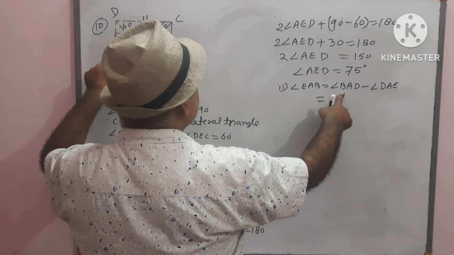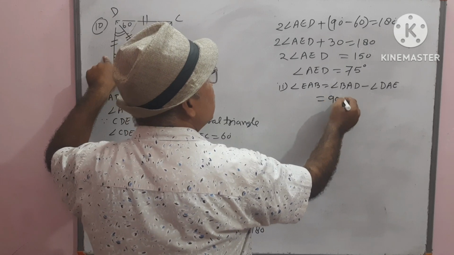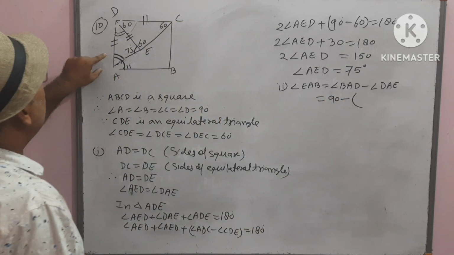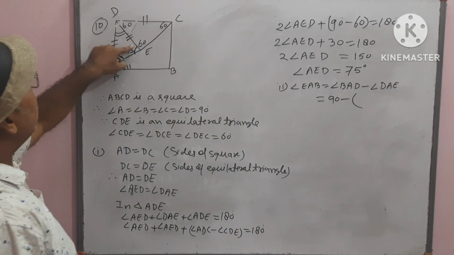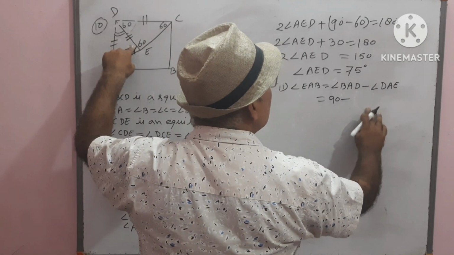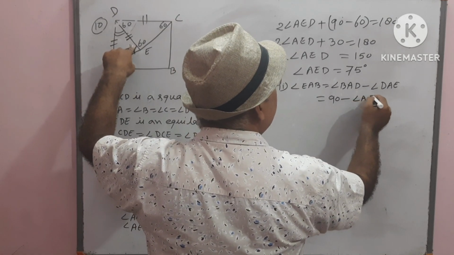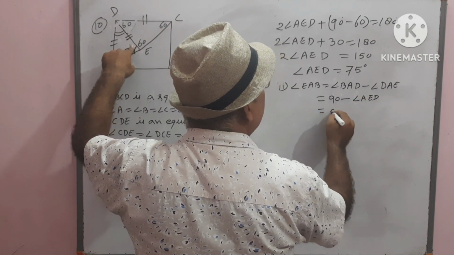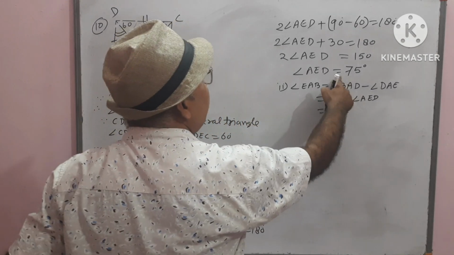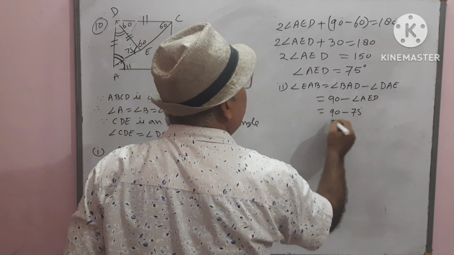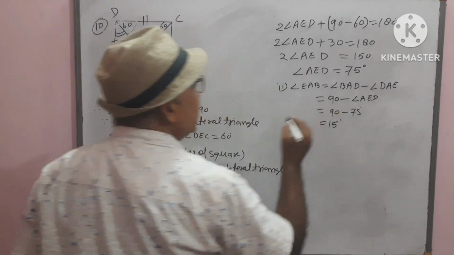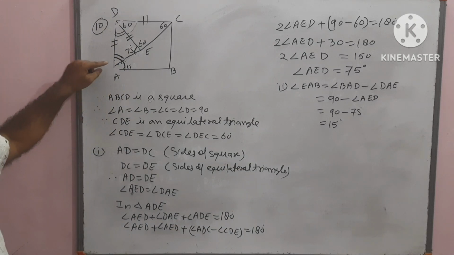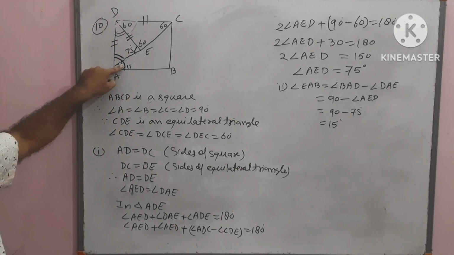Angle BAD is the angle of a square, so this is 90 degrees. Angle DAE and AED both are equal, so in place of DAE we can write AED. And AED we have found to be 75 degrees, so that means 15 degrees. Angle EAB is 15 degrees.